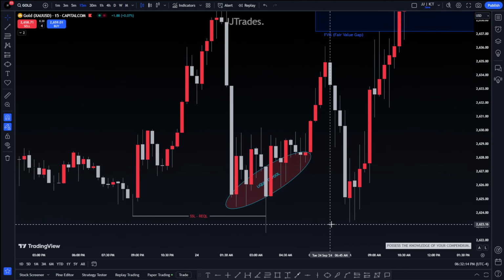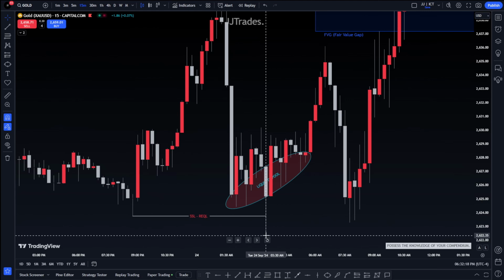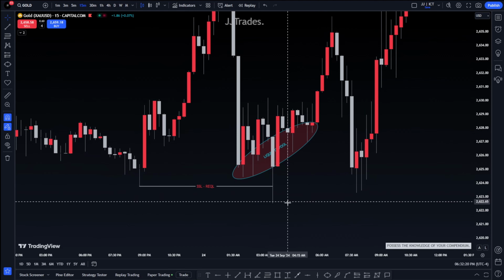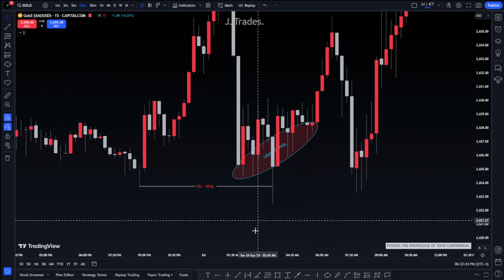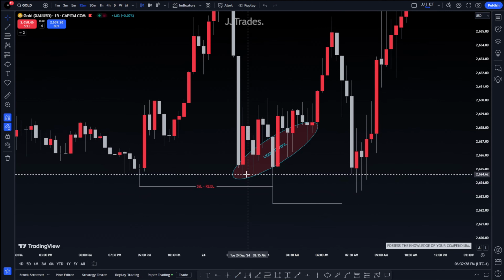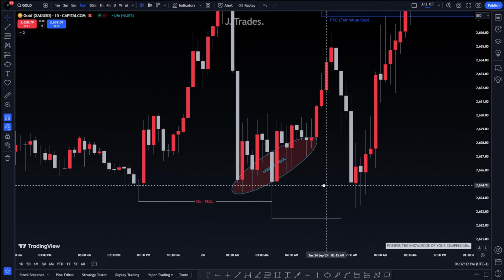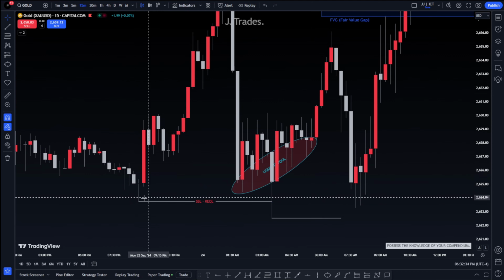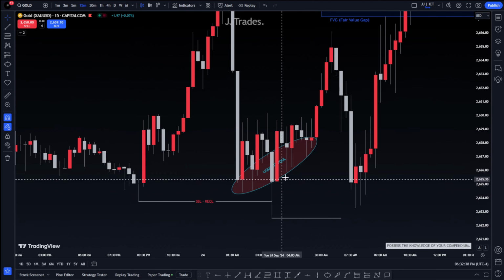And remember, it doesn't have to take this out. If there's a liquidity pool there, it doesn't have to take out that sell side liquidity. That's just one reason. Another reason it doesn't have to come down to this low is because it already took out sell side and it closed above it, showing a willingness to go higher. So, since we already took out this sell side, we don't need to come to this low here. We're just focused on this liquidity pool here.